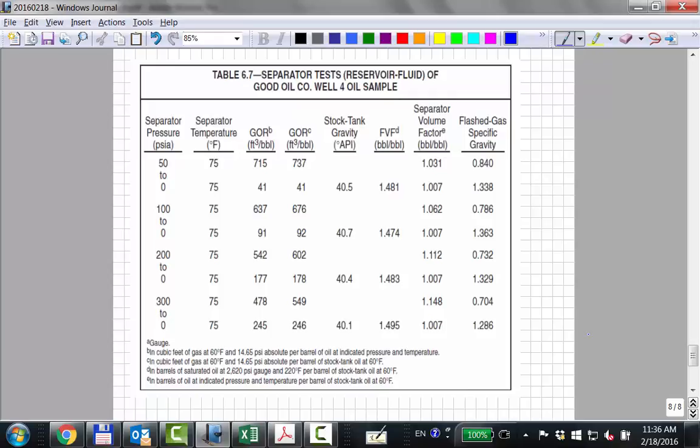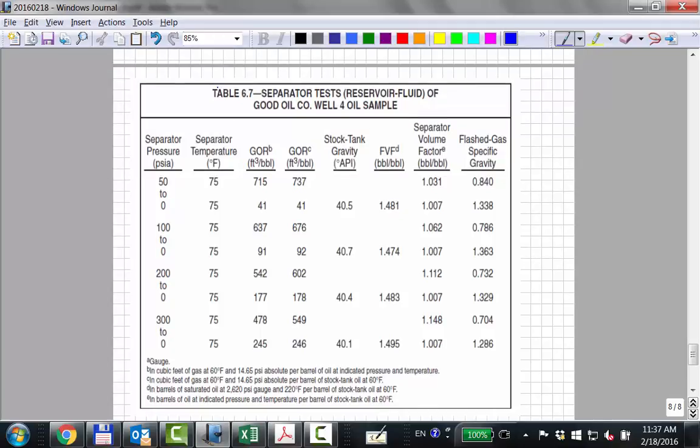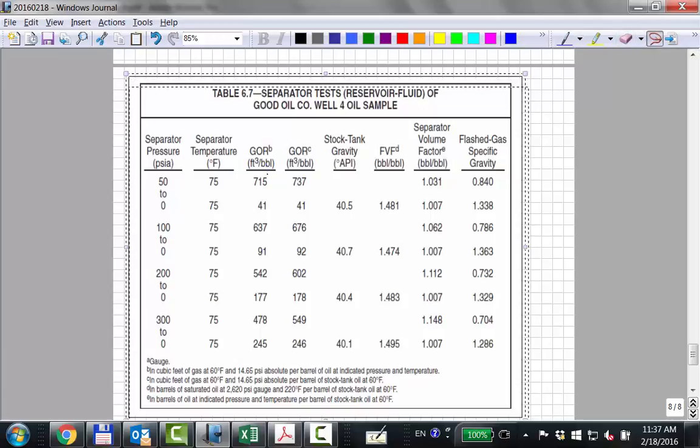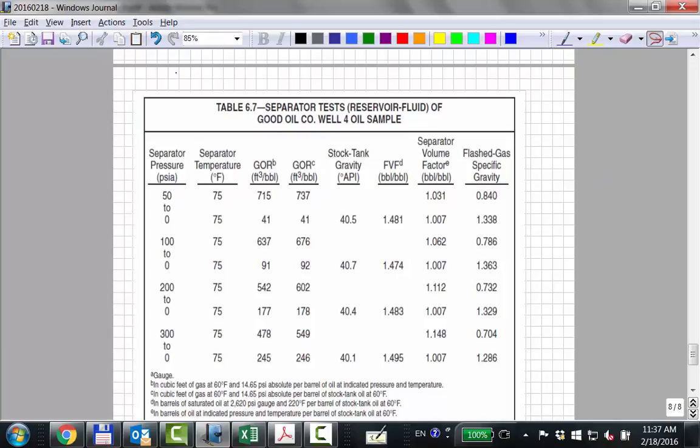Okay, so this actually is kind of old school because what they've done is that this table 6.7 is actually, they did 4 separator tests.